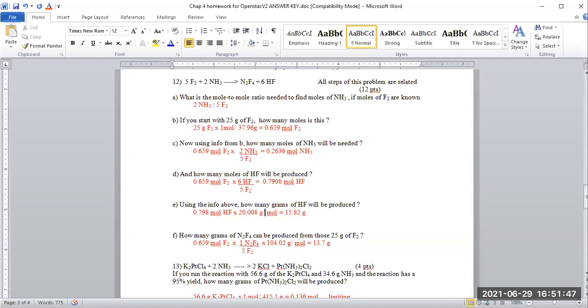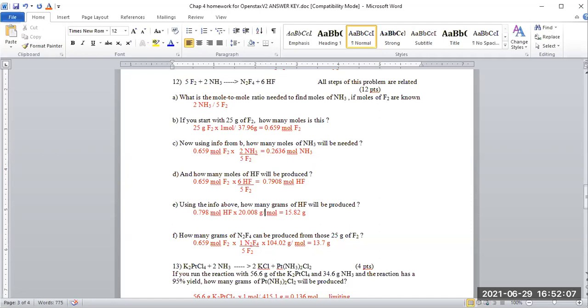And then the last thing was, well, okay, there's actually a second product, which is the N2F4. How much of that do I get when I started out with the same 25 grams of fluorine? None of the steps in this problem ask you what's limiting.